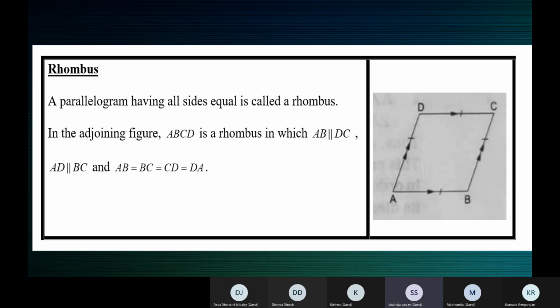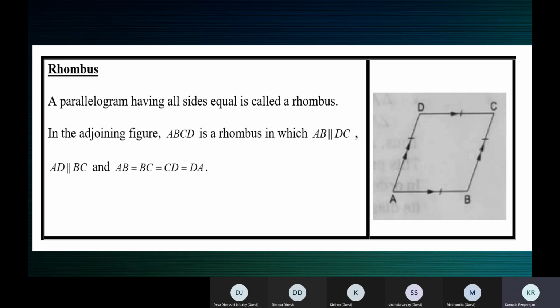Ma'am, I have a doubt. You told rectangle is also a rhombus, no, ma'am? No, I said a rectangle is a parallelogram. Rhombus, rectangle and square are all parallelograms.